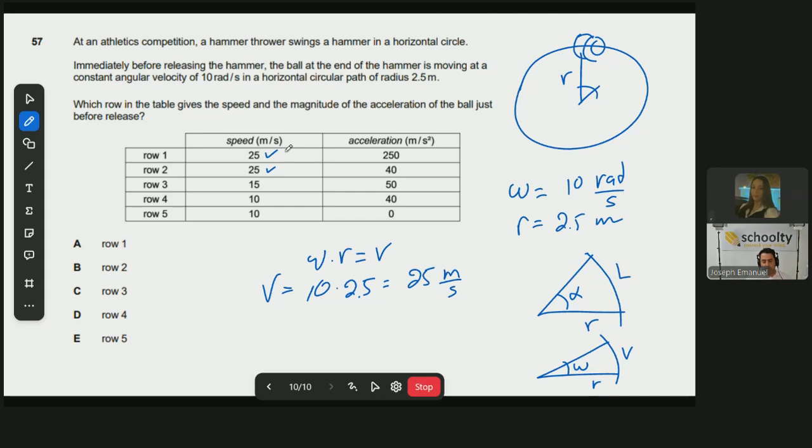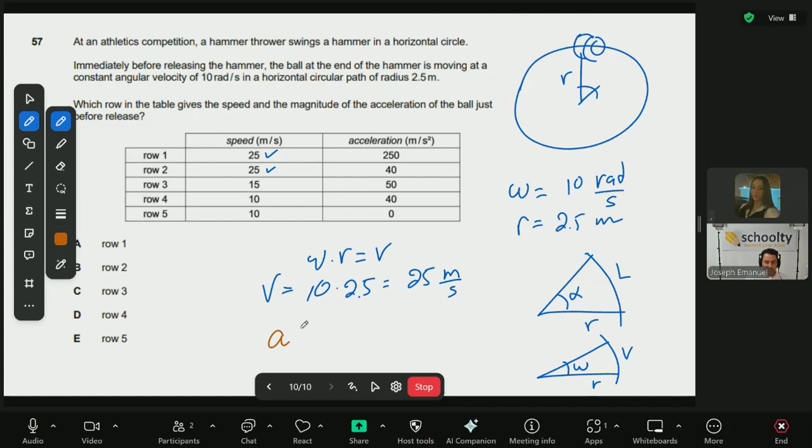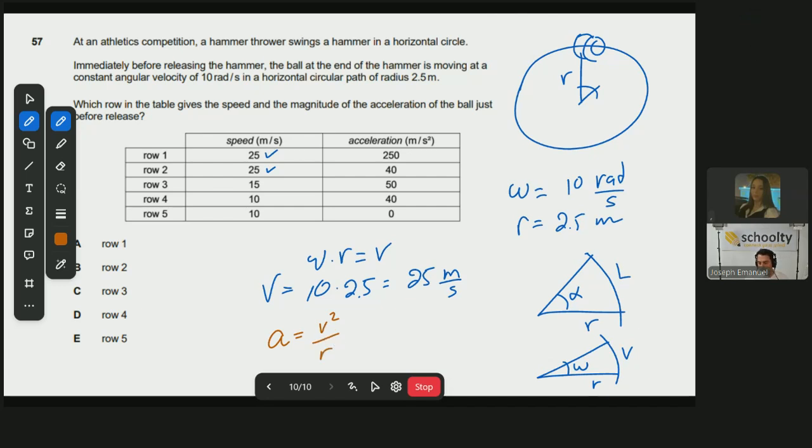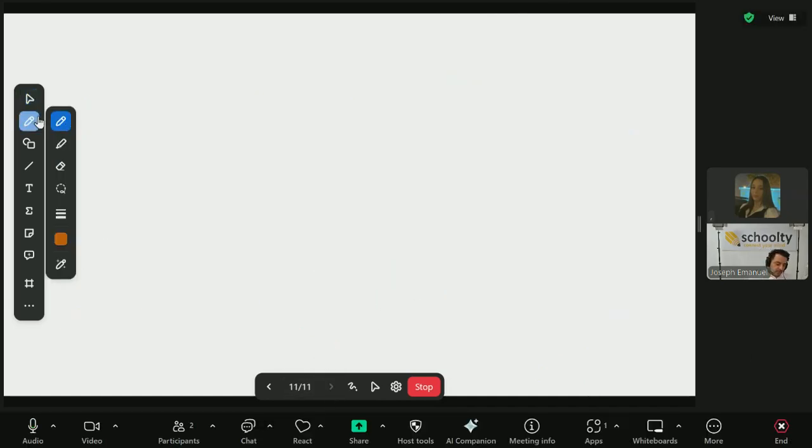Okay. Acceleration, centripetal acceleration, this is A. Let's change the color. This is the speed divided by the radius. Why? Here's why. Because acceleration is actually the angular speed squared multiplied by r.